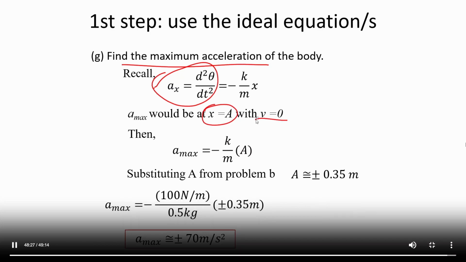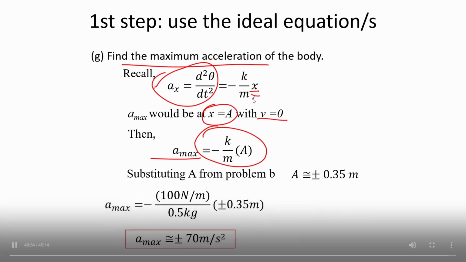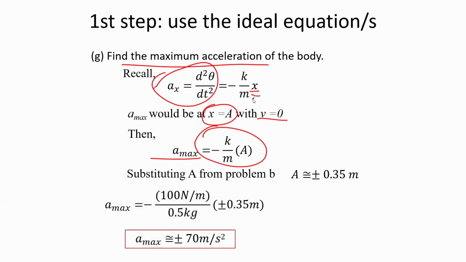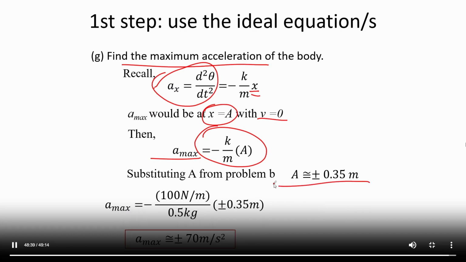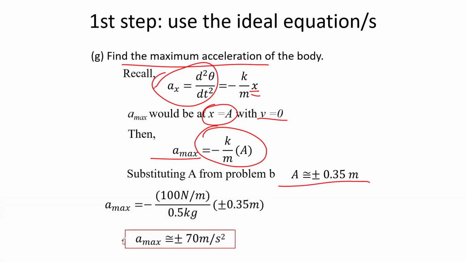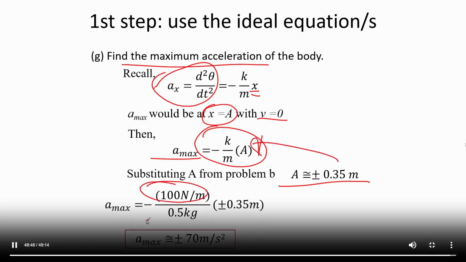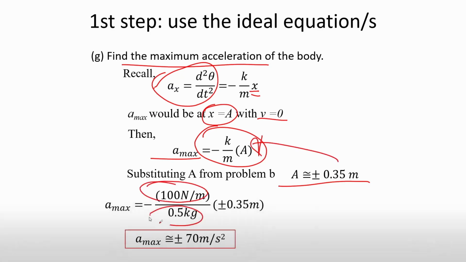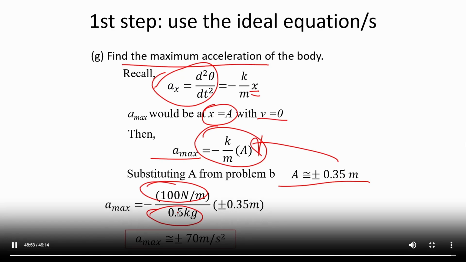So a max is equal to negative k over m times A. Substituting A from problem B, A is plus or minus 0.35. Plugging in k and the mass m gives you plus or minus 70 meters per second squared as the maximum acceleration.